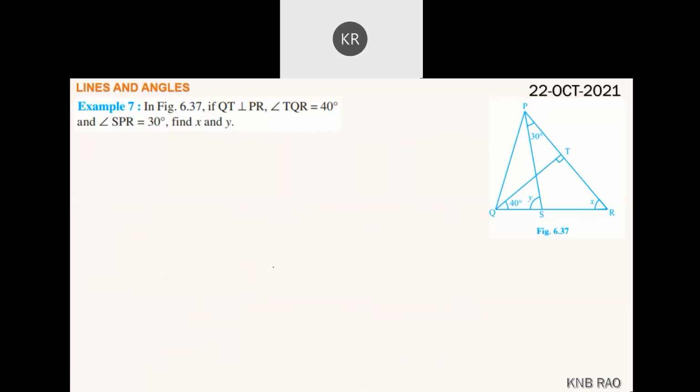From here on, we have got only questions to be solved. No theorems, no axioms. So example number 7.